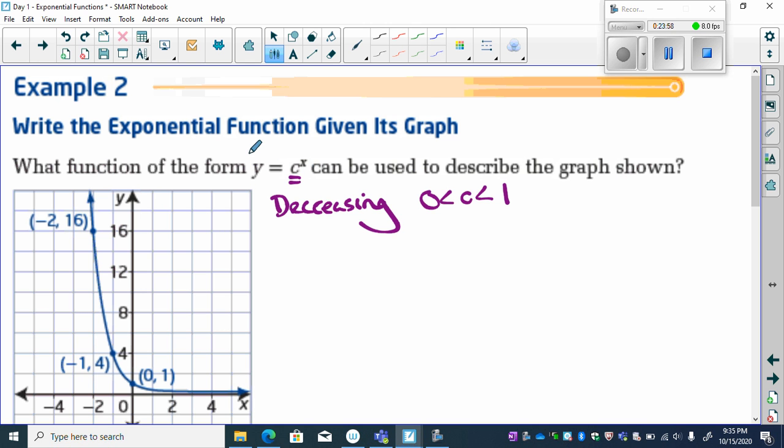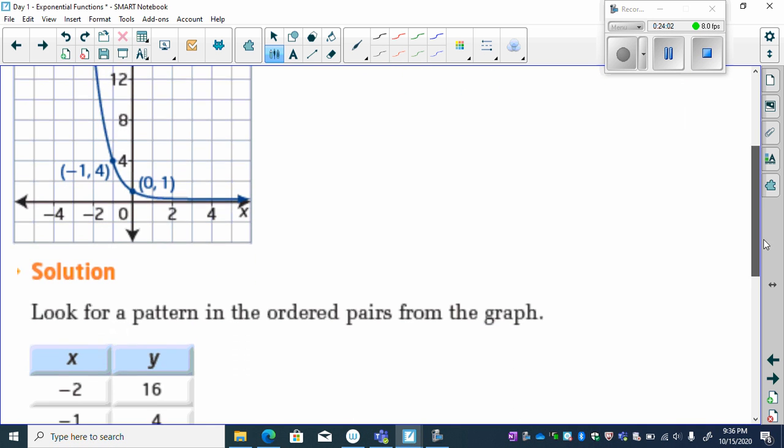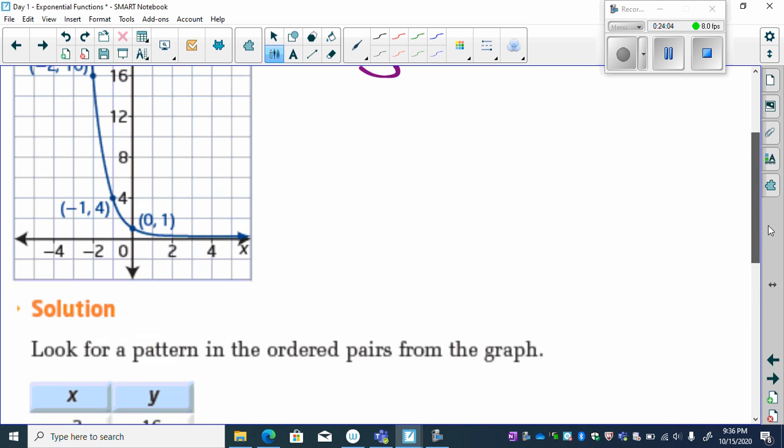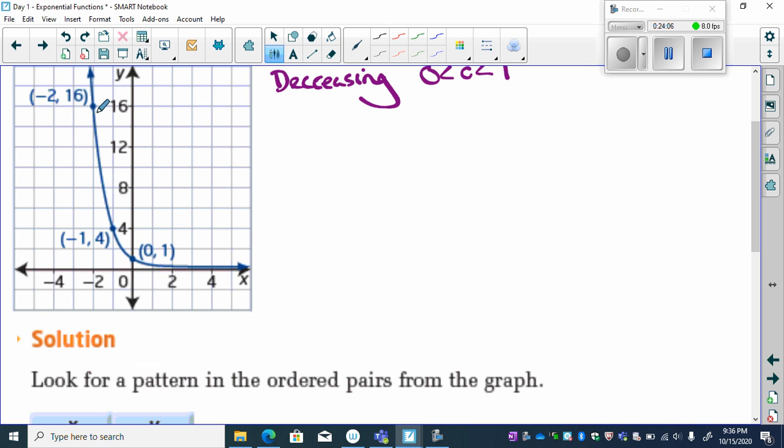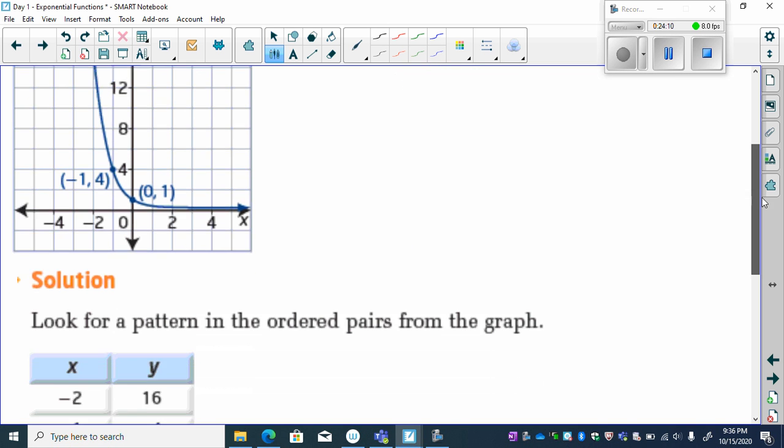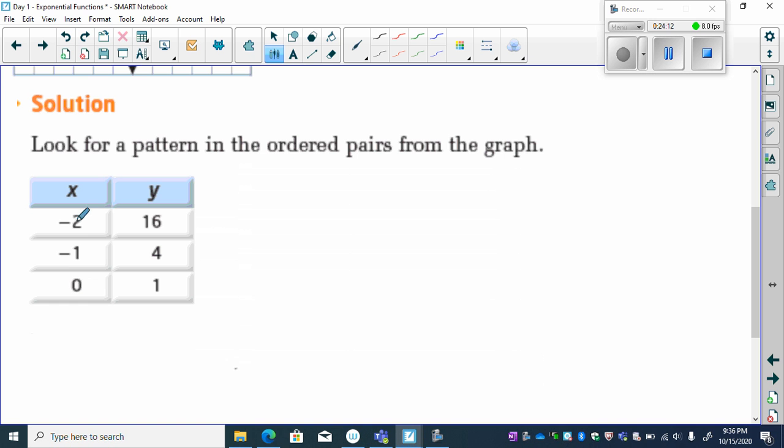So I want to write an equation of the form y equals c to the x. In order to do that, I need to look for a pattern in the points. So here's the point, -2, 16, -1, 4, 0, 1. So as my x values get bigger, my y values are getting smaller. You might ask yourself, what's happening to these? And a lot of people say, well, you divide by 4.